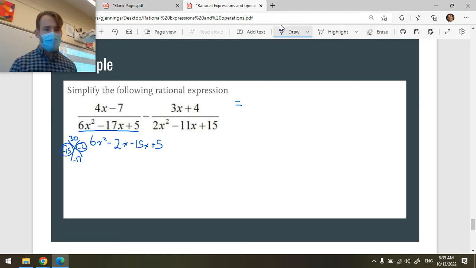Then we common factor both pieces. So this piece here, common factors out 2x multiplied by 3x minus 1. That's what happens when I divide both of those by the common factor, 2x. And these have common factor negative 5. So then we will have negative 5 coming out, and that will give me 3x minus 1. Then the final factorization of this is 3x minus 1 multiplied by 2x minus 5.